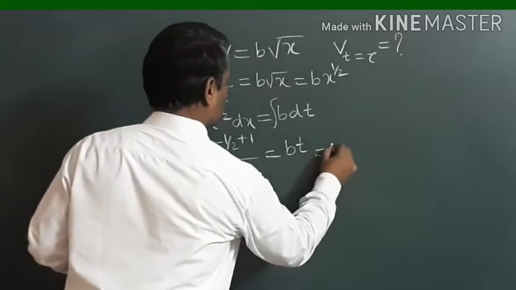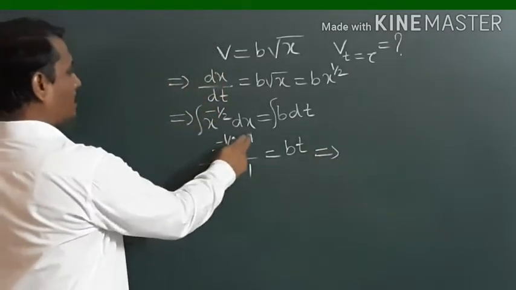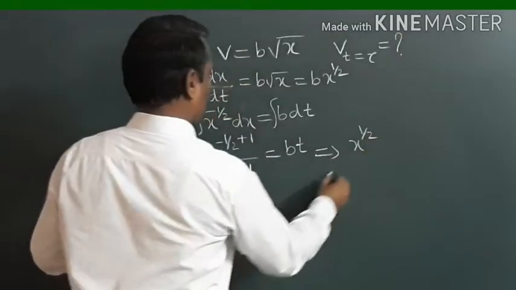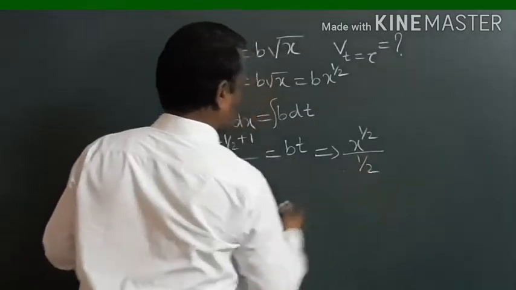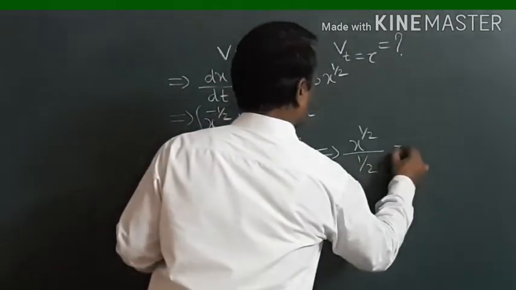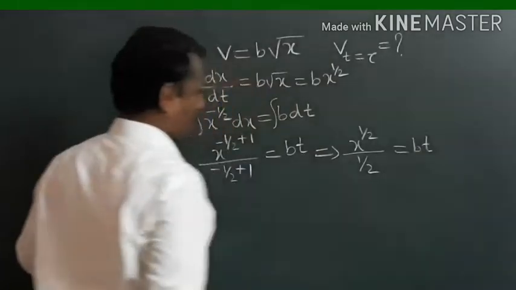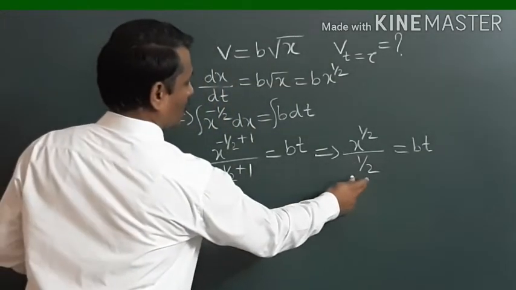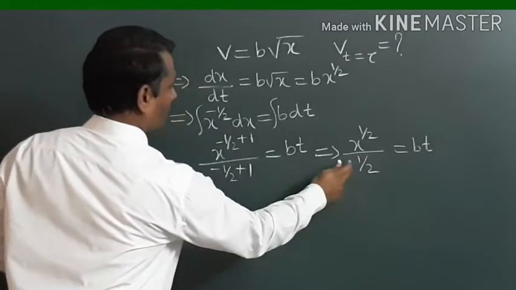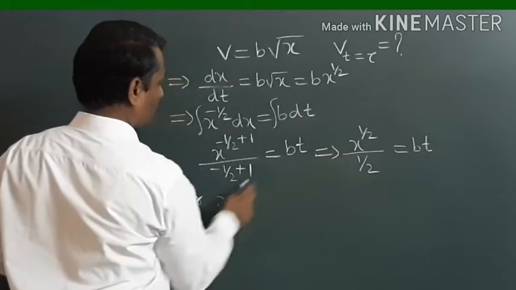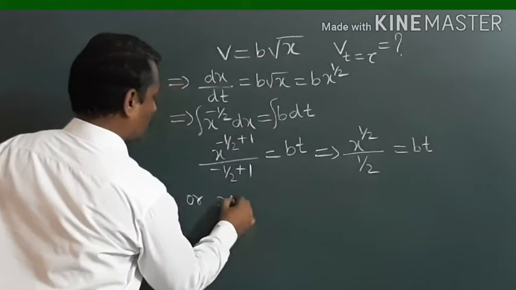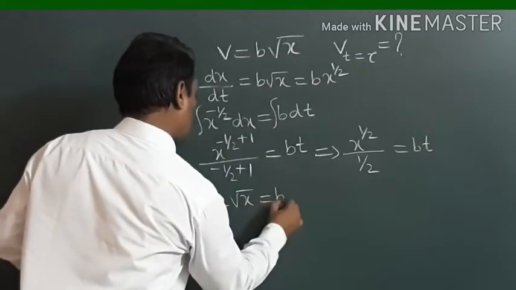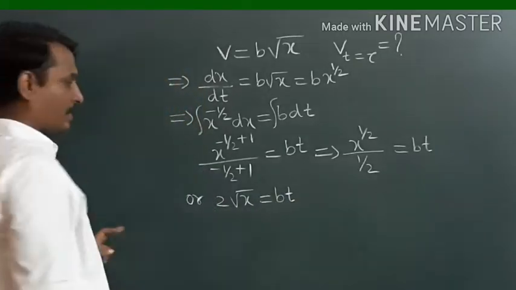Now this implies x raised to minus 1 by 2 plus 1 means x raised to 1 by 2, and in the denominator also 1 by 2 is equal to bt, or we can write it as 1 by 2, when it goes to the numerator it becomes 2, and x raised to 1 by 2 can be written as root x. 2 root x is equal to bt.